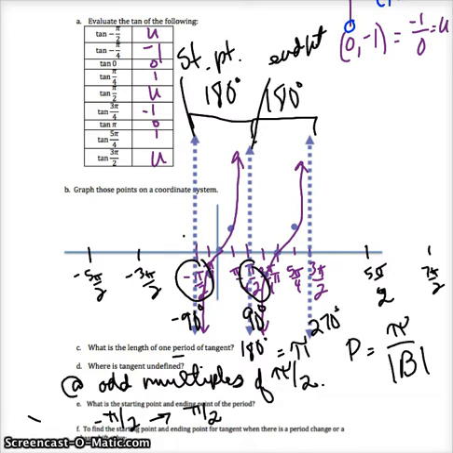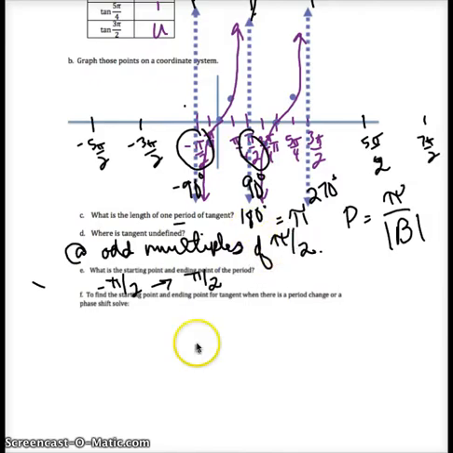So how do we find these asymptotes when we have a period change or a phase shift? Anytime that the period changes or we have a phase shift for tangent, we will take the values for bx plus c and evaluate them between negative pi over 2 and positive pi over 2.